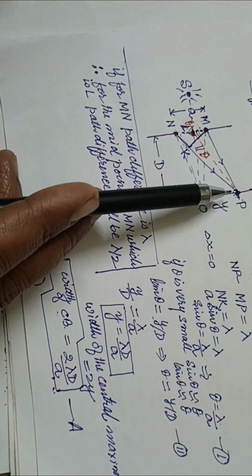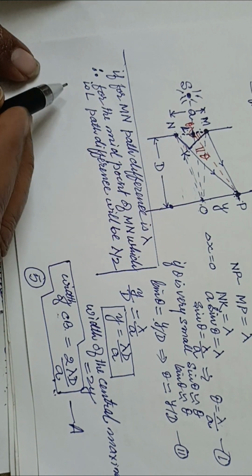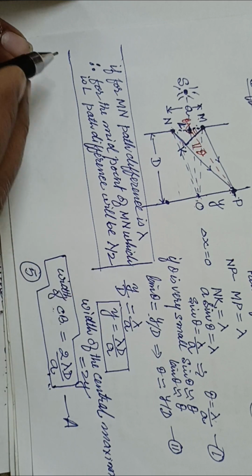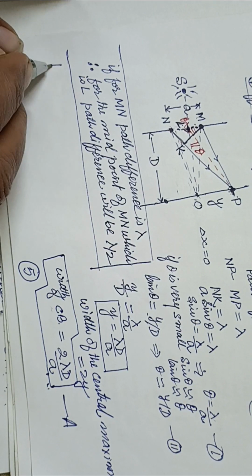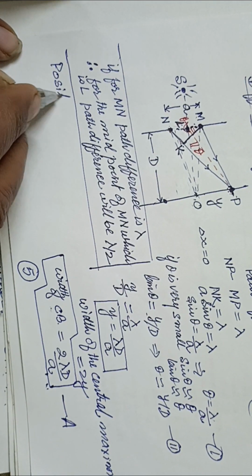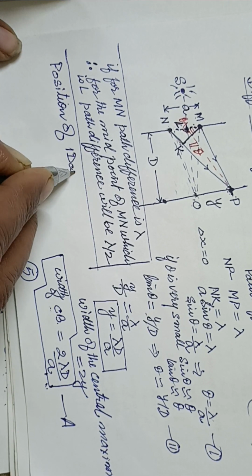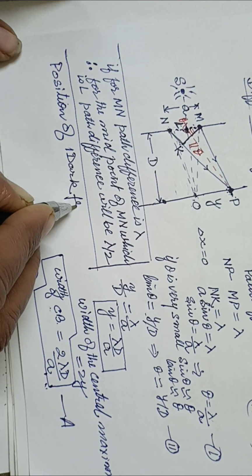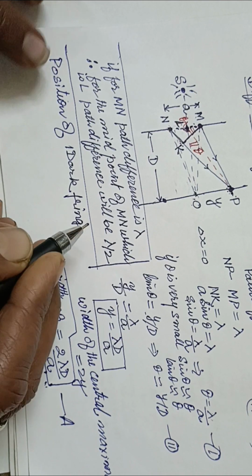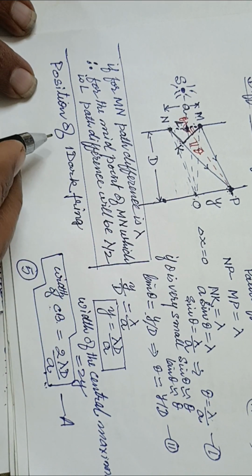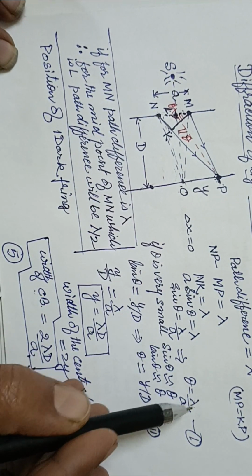After that you will get the dark fringes. So for the position of the dark fringe, from here the dark fringe will start. For the position of the first dark fringe, you got the value theta equals lambda by a.